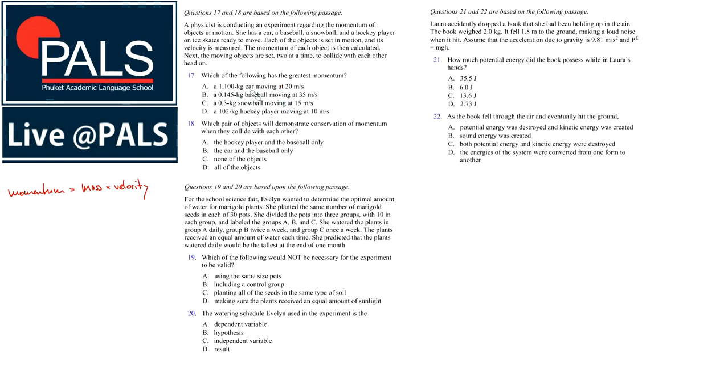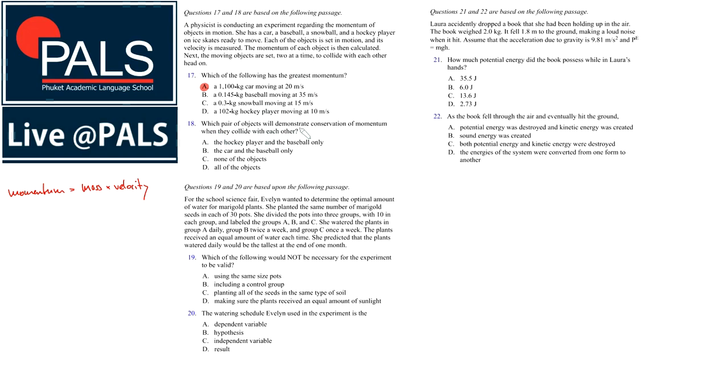So 1,100 times 20, or 0.145 kilogram times 35, 0.3 times 1500 times 10. So we don't really need to do the calculations. We can see that the largest number we will get by multiplying 1,100 by 20. That will give us the largest number and therefore the largest momentum.